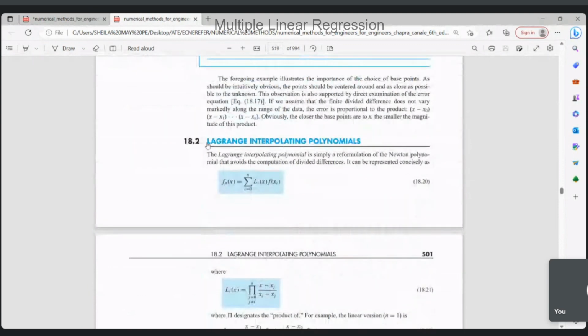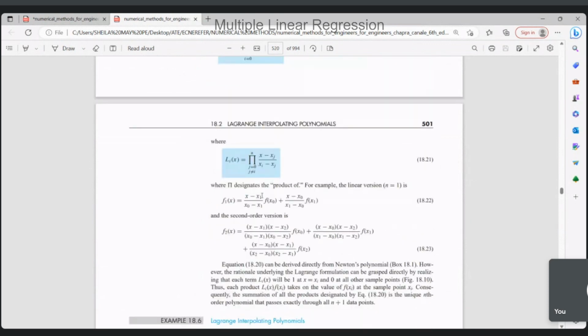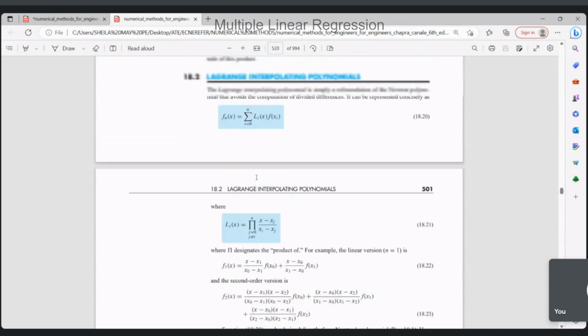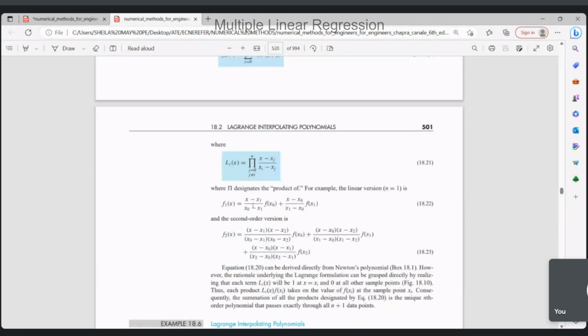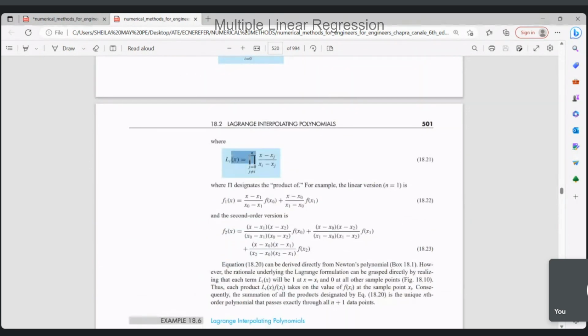Okay, maloy ko kaninyo. Now, in here, this is the Lagrange interpolating polynomials. And this is the main equation sa atong Lagrange. And ang pagkuha sa Li, di ba, mao ang formula class na Li. Okay? And under that, naa pod siya iyang formula.